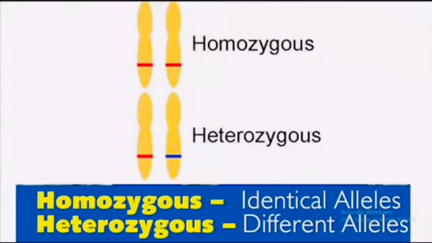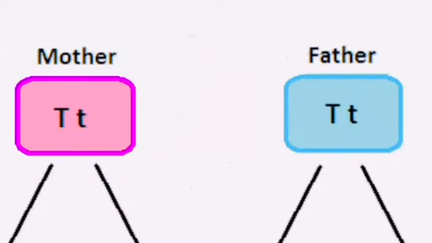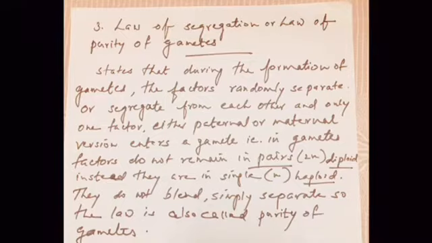If both the factors are identical, that is homozygous or pure line, and if both the factors are recessive, then also homozygous, or if one factor is dominant and the other is recessive, that is called heterozygous or a hybrid.